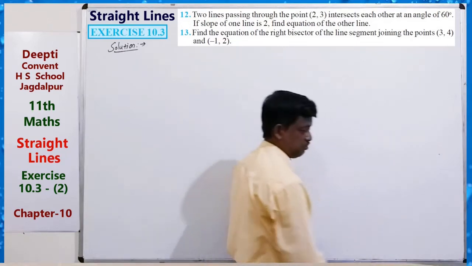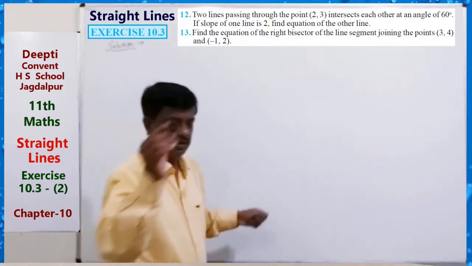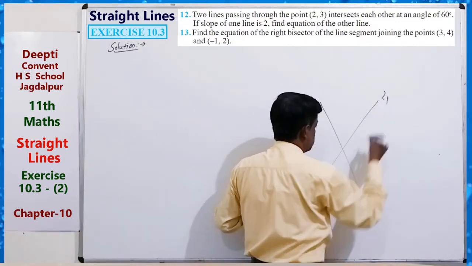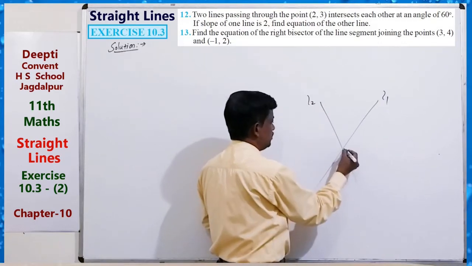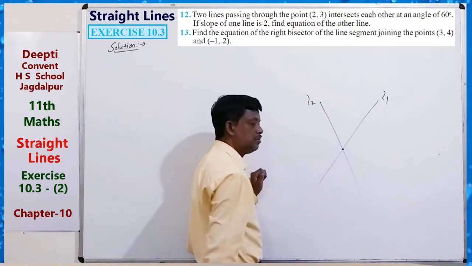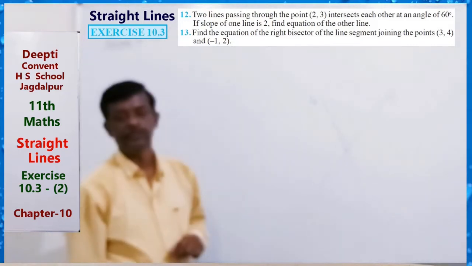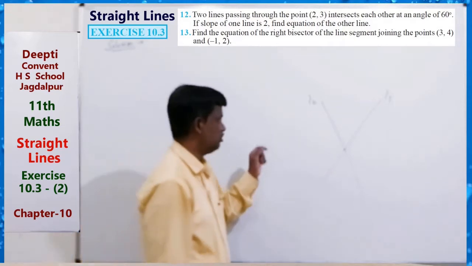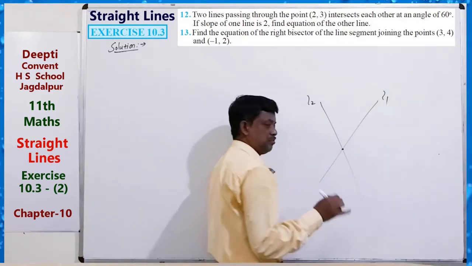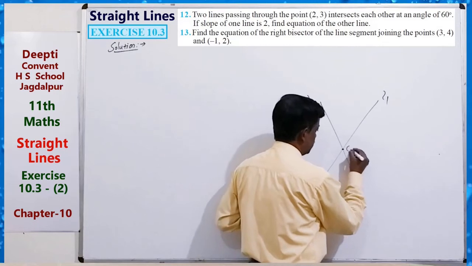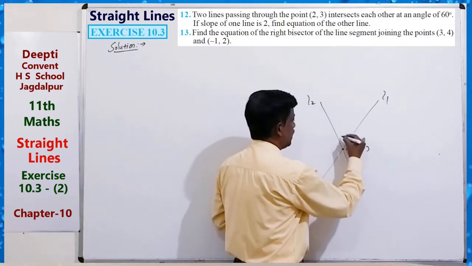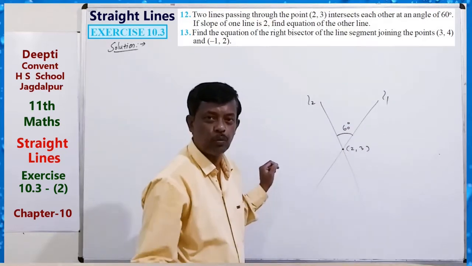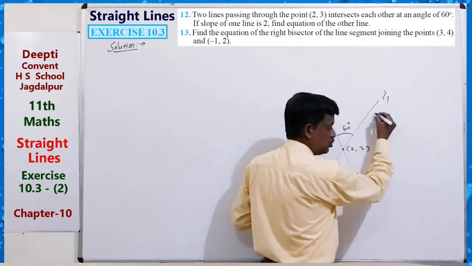So we can find it. This is L1, this is L2. They are passing through the point (2, 3), the same point. And the angle between them is 60 degrees, and the slope of the first line is 2.